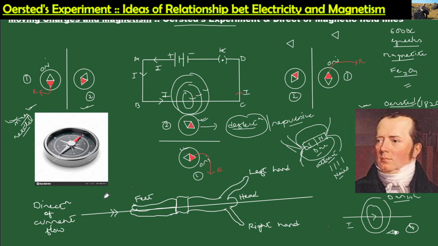So let this I be the current. This will represent the direction of flow of current. The direction of flow of current is in such a way that this current enters the feet of the swimmer. You imagine that there is a swimmer swimming along the pool of current, such that the current enters the feet and leaves his head.